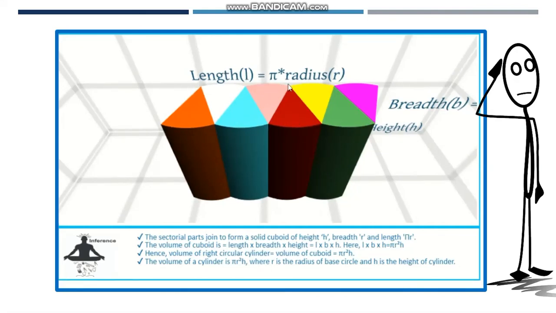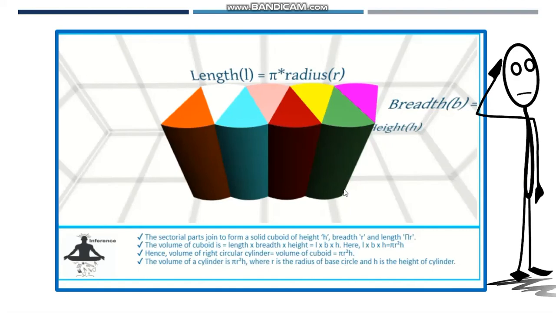The length is pi times r because it is half of the circumference, and this breadth is the radius, and our height is the height. The base area is pi times r squared, and the height is h.